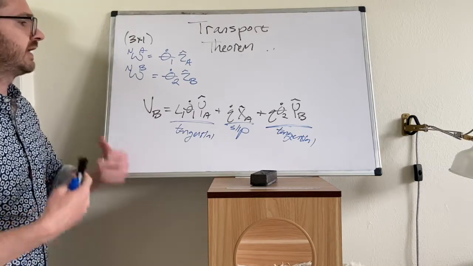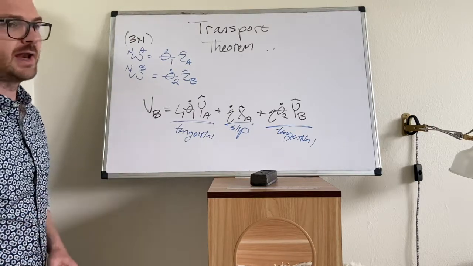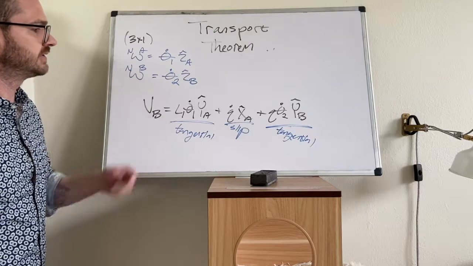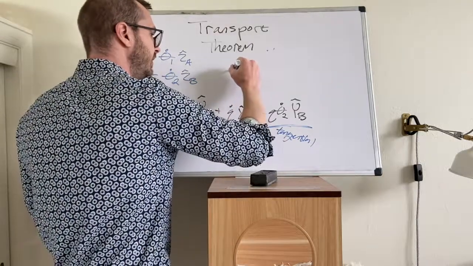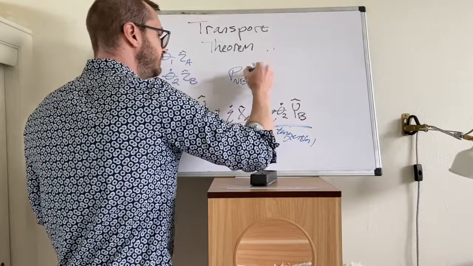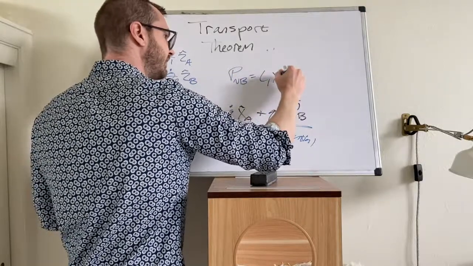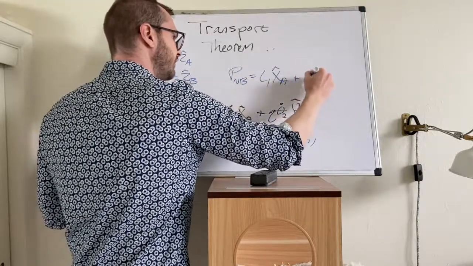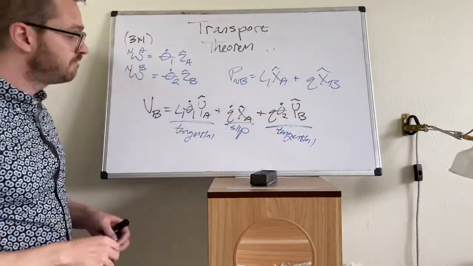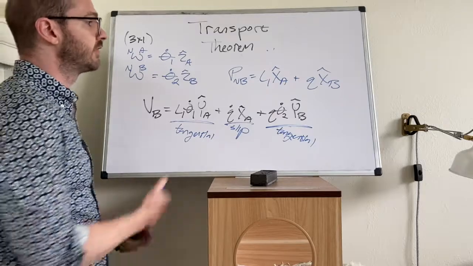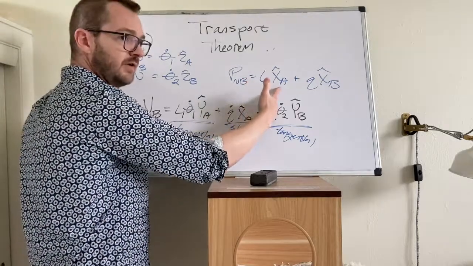So when you practice this a lot, when you start to get good at it, you can just look at a position vector. The original position vector was L1 XA plus Q XB. So once you get good, you look at this and you say, okay, this first term, that's a constant, that's moving.